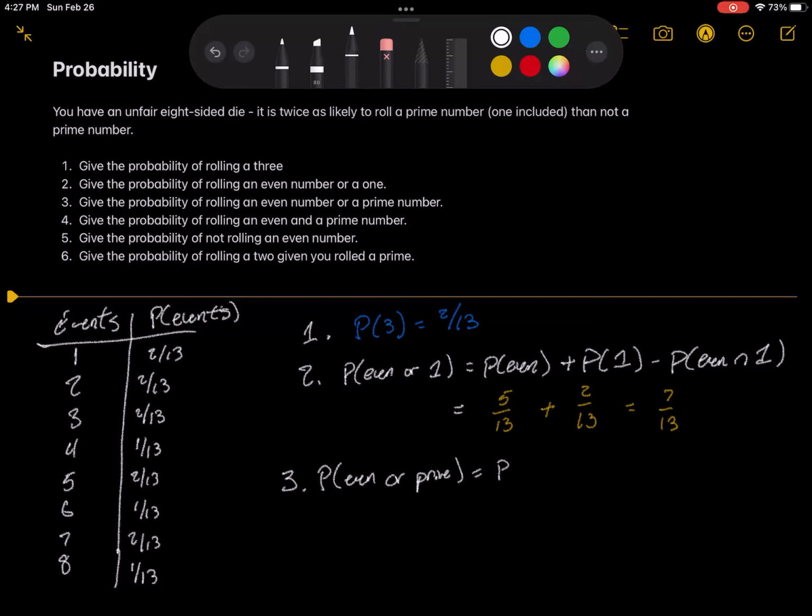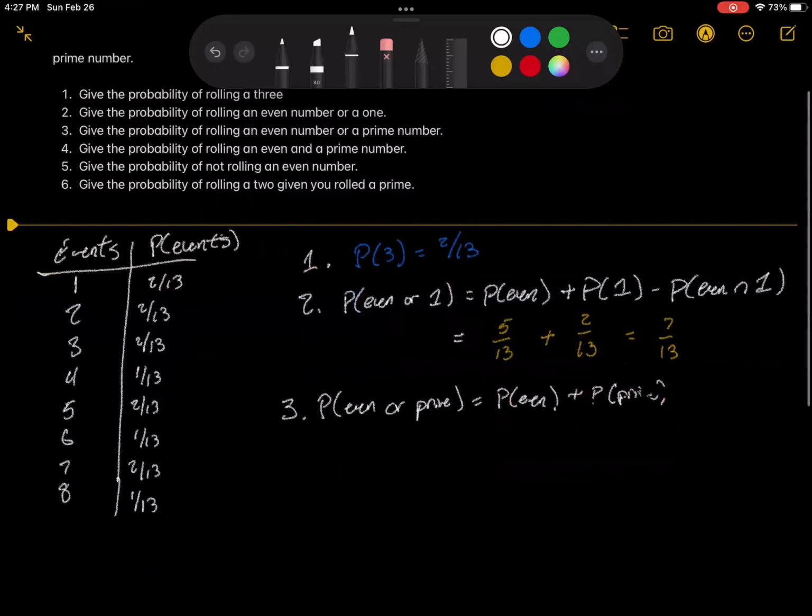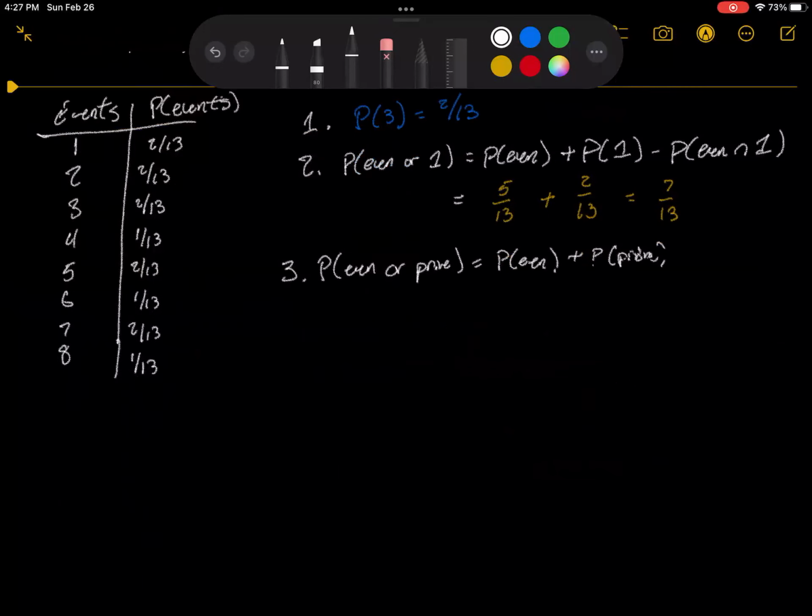By the same equation, I could be even, or I could be prime. And then I don't want to double count the even and prime numbers, so I need to subtract off the intersection. So there's 5/13 probability of being even. I add to that the probability of being prime.